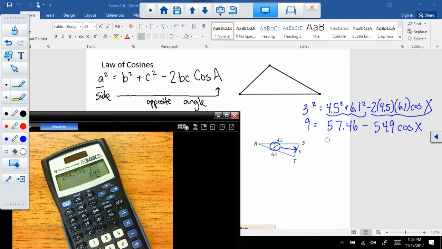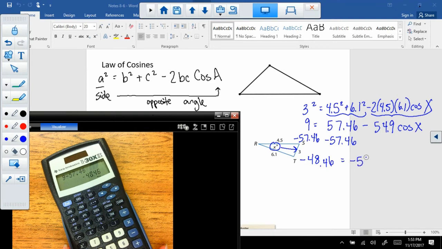So my first step is going to be to subtract that 57.46. So 9 minus 57.46. This number is negative 48.46, and that's going to equal negative 54.9 times the cosine of x.